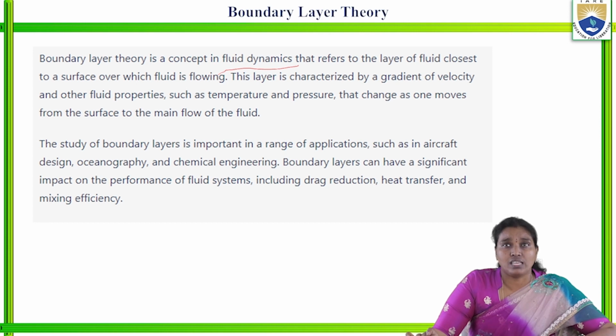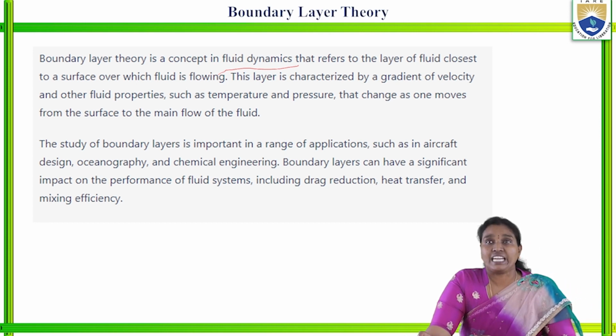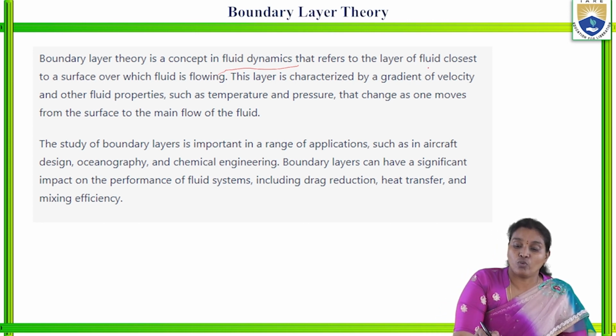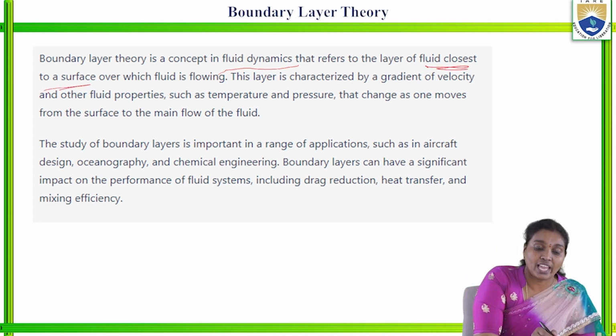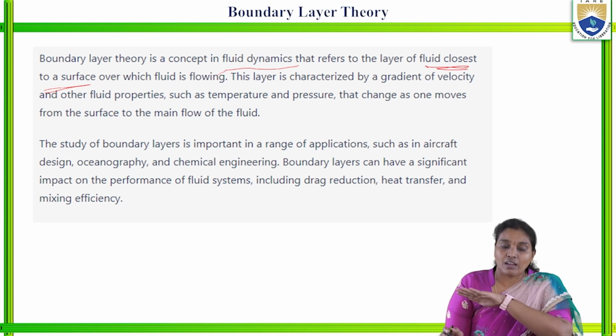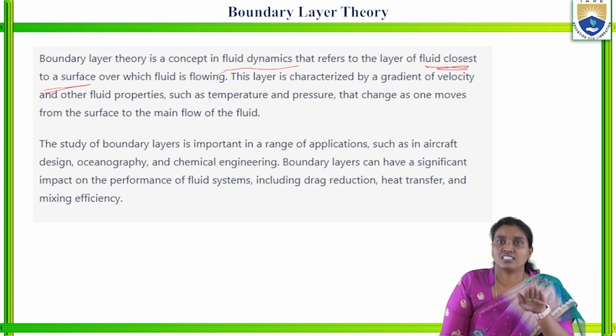It is a concept in fluid dynamics that refers to the layer of the fluid closest to a surface over which the fluid is flowing. So the fluid closest to a surface is the boundary layer. In most cases, the fluid we consider is water.